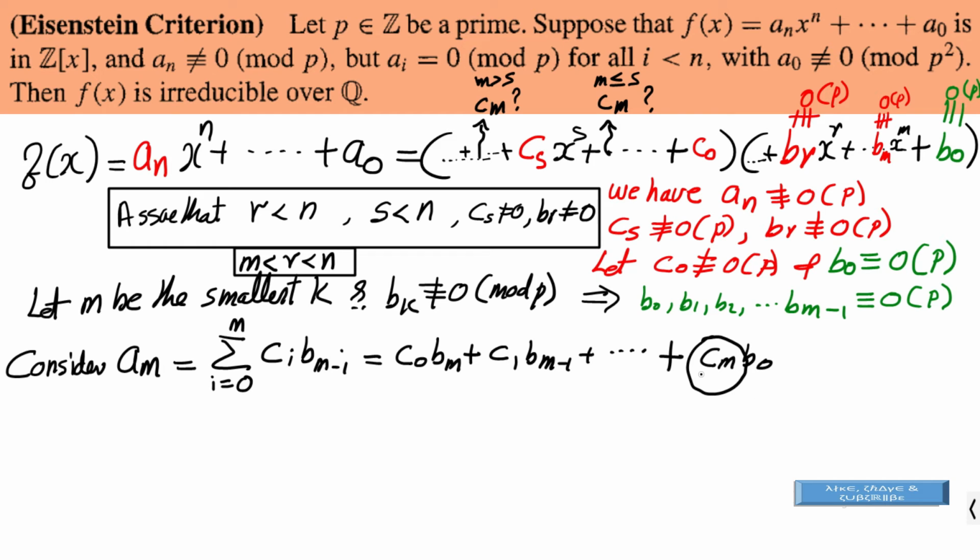So you can have two endings for this expression. That is, if cm appears on the right hand side of cs, you can write that as cm b0 if we know that m is less than or equal to s.